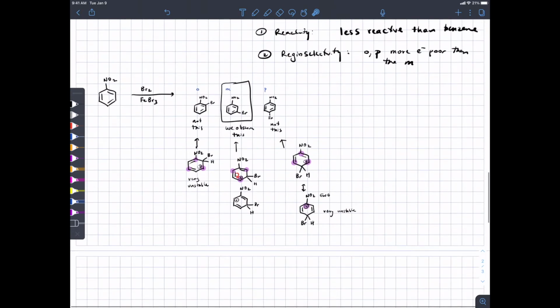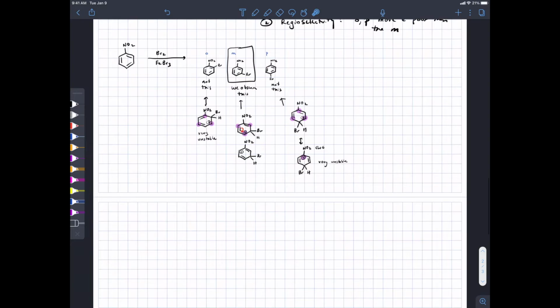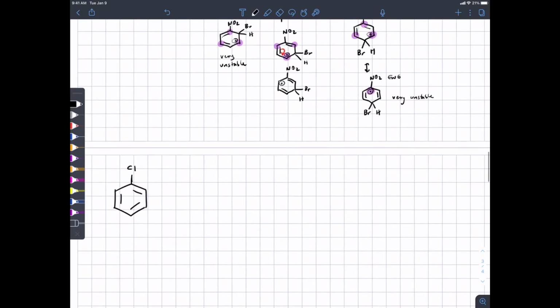Now let's deal with the question about what if we started with the Br. Remember what I told you about bromine and chlorine. Maybe let's just use chlorine because we haven't done a lot with chlorine yet. I told you that chlorine is an electron withdrawing group via an inductive effect, but it is an electron donating group via resonance.